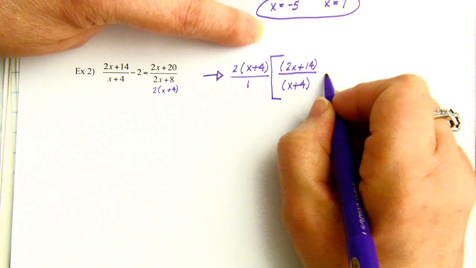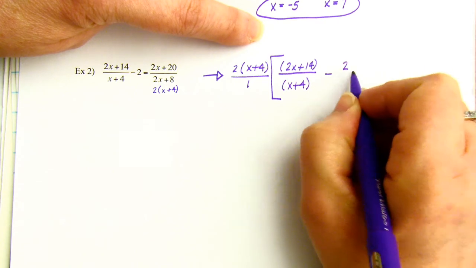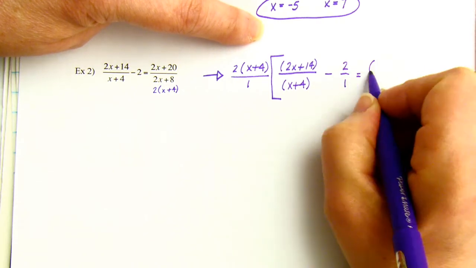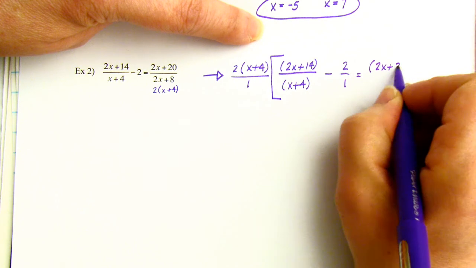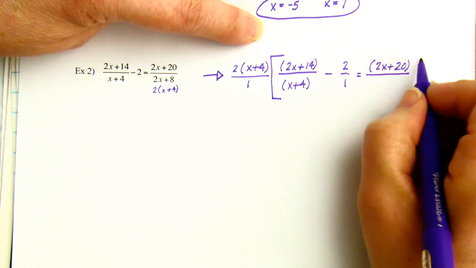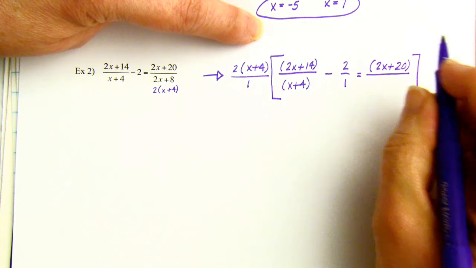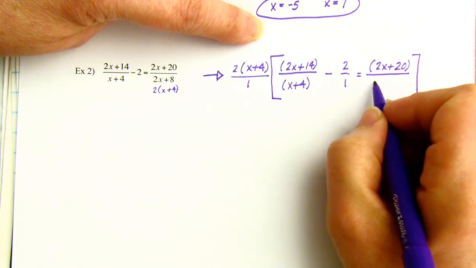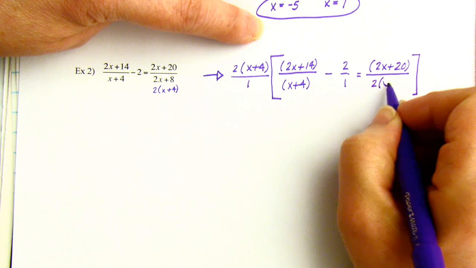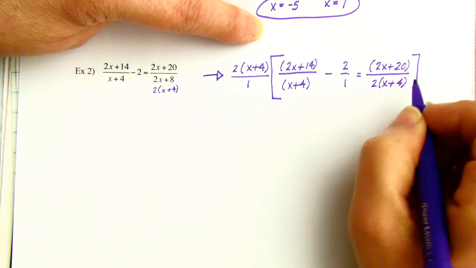All right, subtract 2. I'm going to rewrite the 2 as 2 over 1, just so that they all look like fractions. And here I've got a 2x plus 20. And again, I'm not factoring it because I'm presuming that I am going to have to FOIL and combine like terms. So factoring doesn't make sense for this. And I'm writing this in factored form.